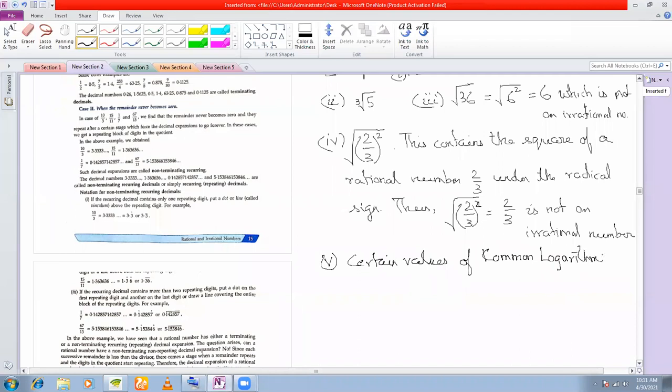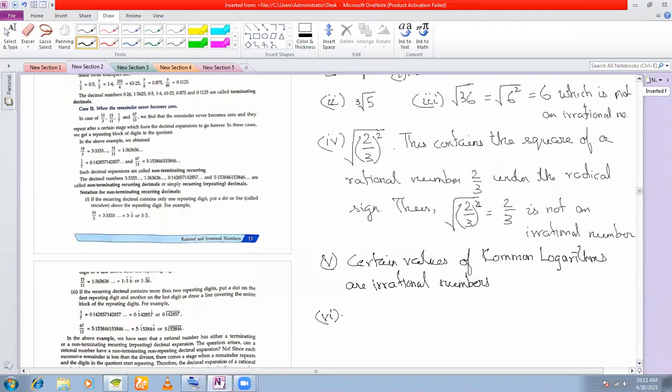You have not done logarithms, but this is what you can know: certain values of common logarithms are irrational numbers. Then another very important example of an irrational number is pi.